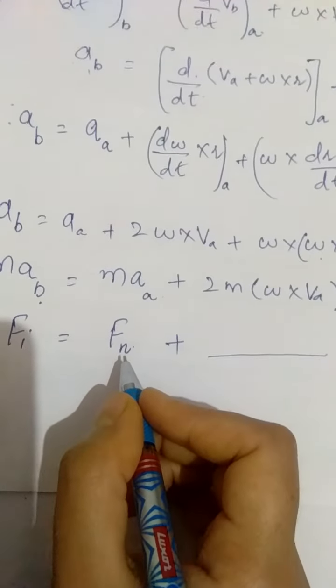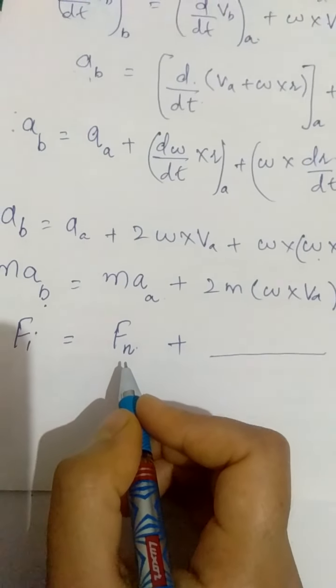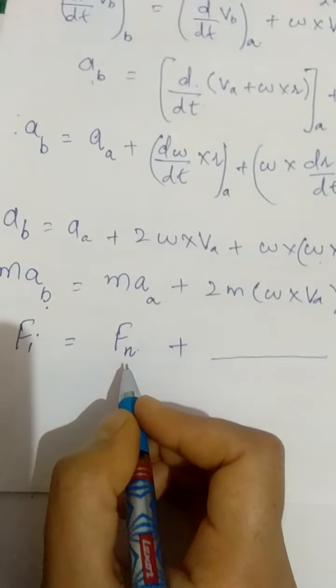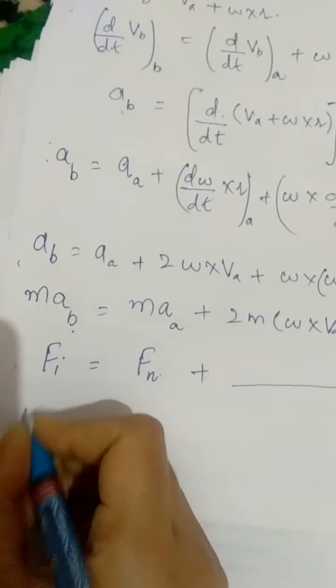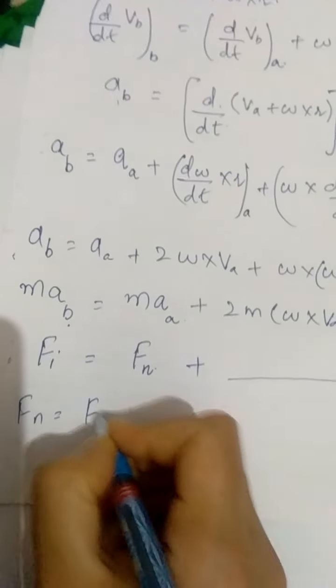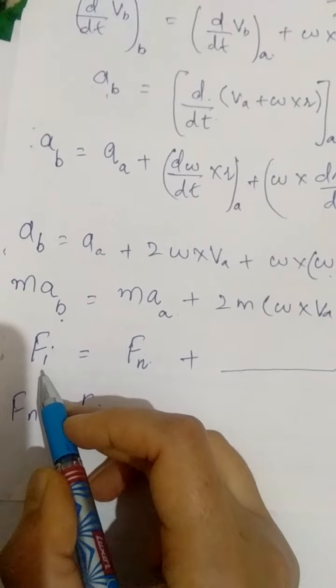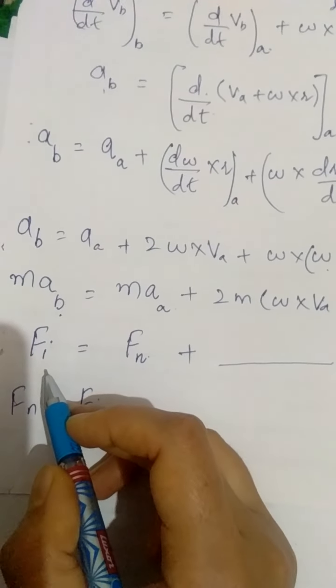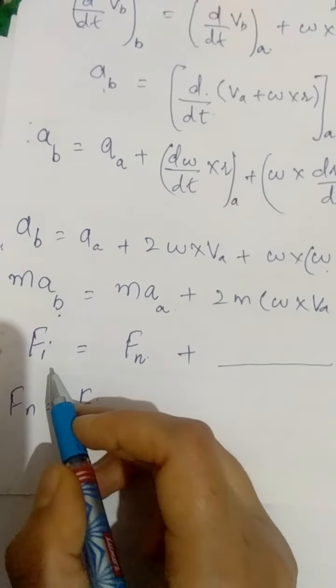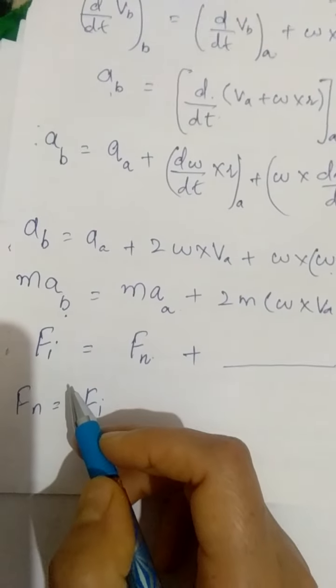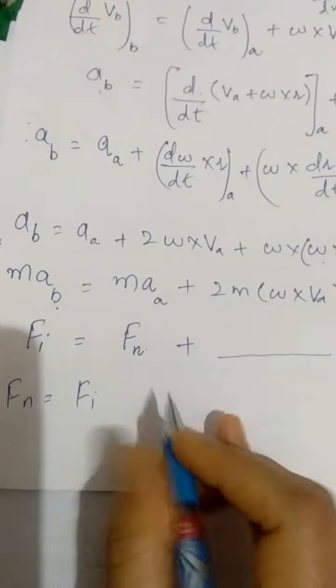So because I am interested to find what is the force acting on a particle, the total force acting on an object in a non-inertial frame, I'll write Fn is Fi, whereby I mean inertial frame of reference, the frame of reference which is at rest, the frame of reference with respect to which we have defined the non-inertial frame of reference, right?